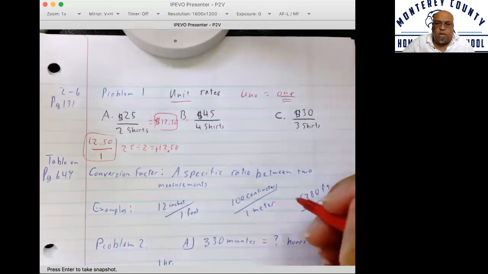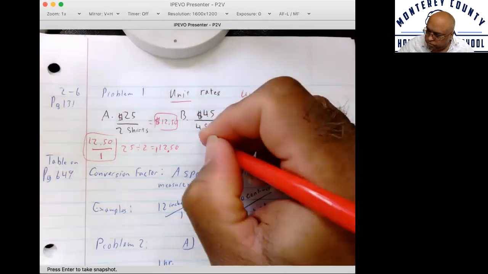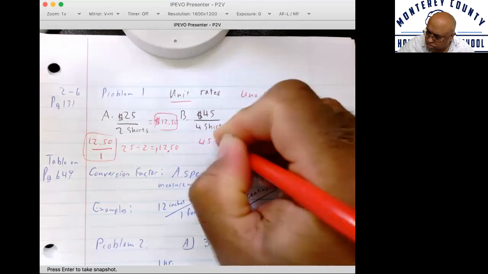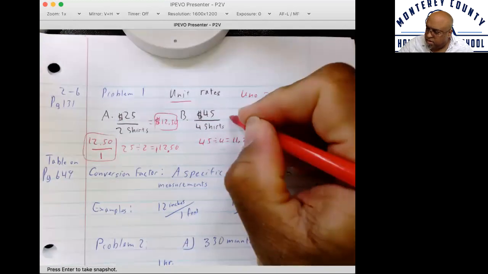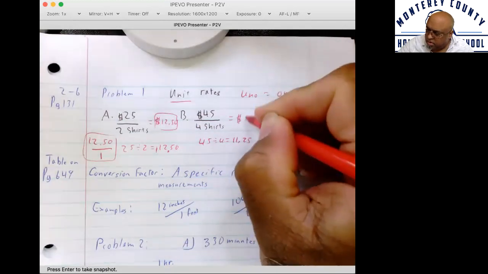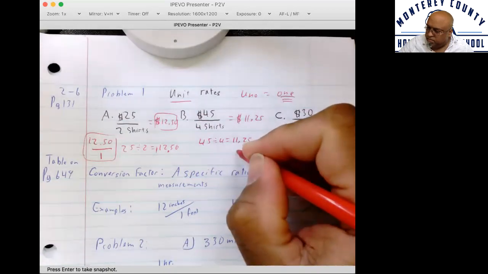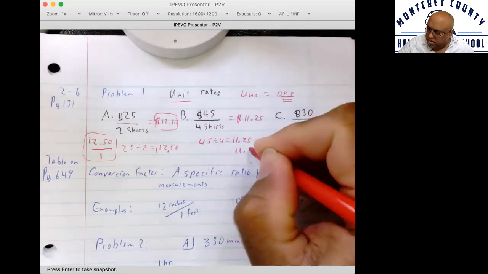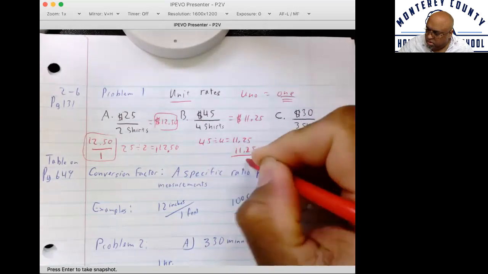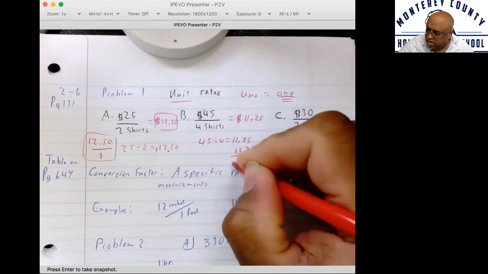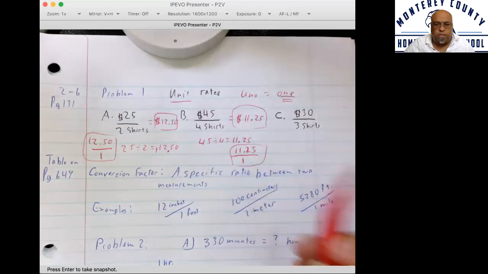Okay. Now I have 45 divided by 4. And that's 11.25. So the answer would be $11.25. Now, to write it as a unit rate ratio, you would write it like this: 11.25 over 1.